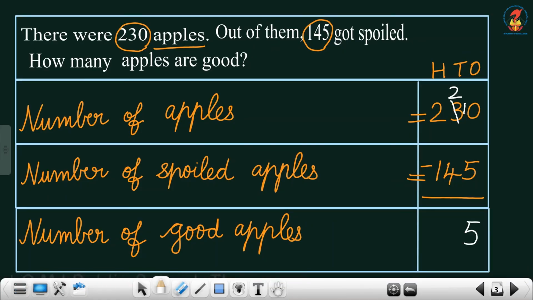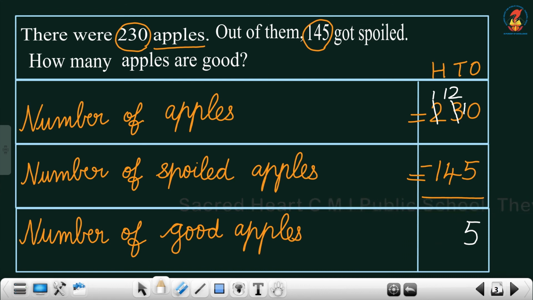Now in tens place we are having the numbers 2 and 4. Can you subtract 4 from 2? 2 minus 4, is it possible? No. So what we have to do? We have to borrow from the hundreds place. So this 2 will become 1 and this 2 will become 12.